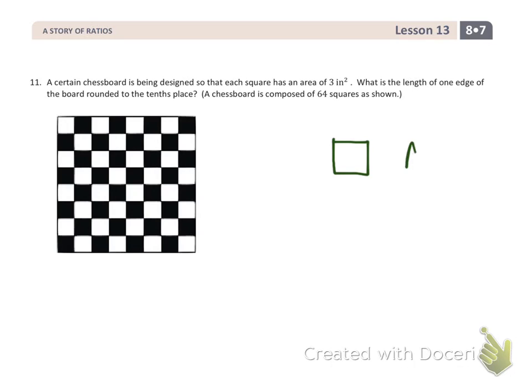The area is 3 inches squared. Okay, so that means if I multiply the side length, we'll call it S, times itself, we get 3, right? So what would the equation for that be?